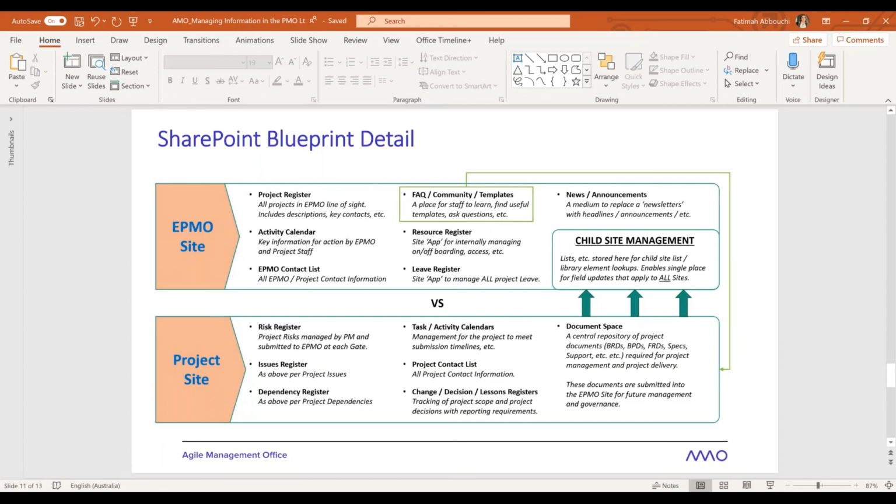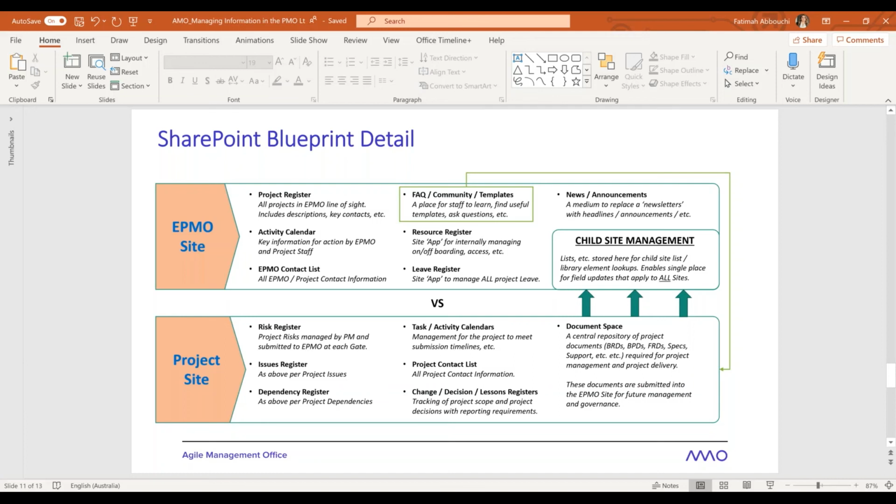What does the detail underneath that blueprint look like? Well, here's an example of what the specific underlying information is at the enterprise level site in this organization, and the lower project level site information.